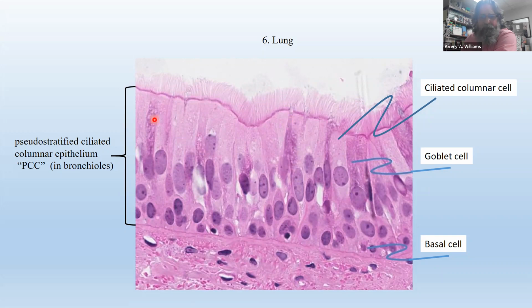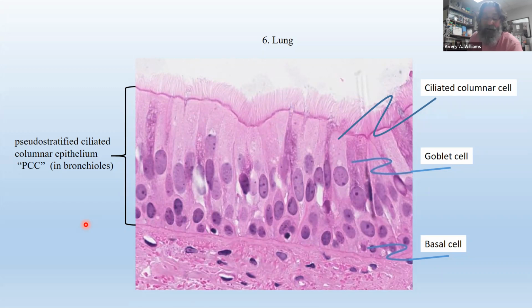Sometimes they're clear. If you just kind of see an oddball looking cell that's making its connection to the surface and not ciliated, that's a goblet cell. So ciliated columnar cells, goblet cells, basal cells. Yeah, I got them all labeled right here. That's PCC. That's lining the inside of the bronchiole.